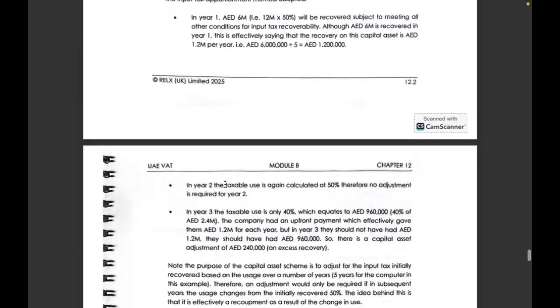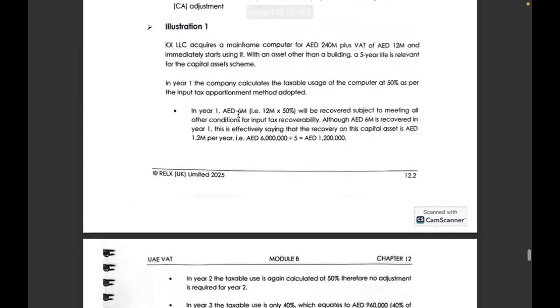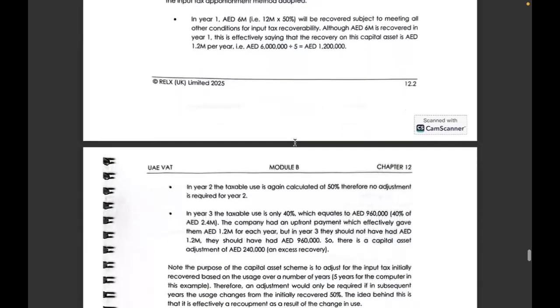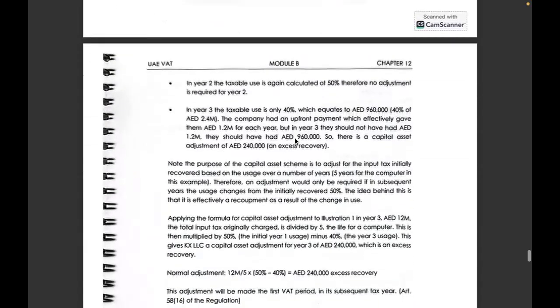Because what was the total VAT? The total VAT, if you remember, was 6 million. And this is effectively saying that the recovery of the capital asset is 1.2 million per year: 6 million divided by 5. So every year the recovery was 1.2 million.